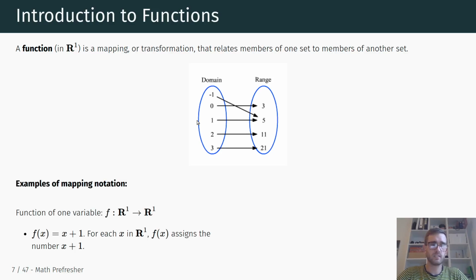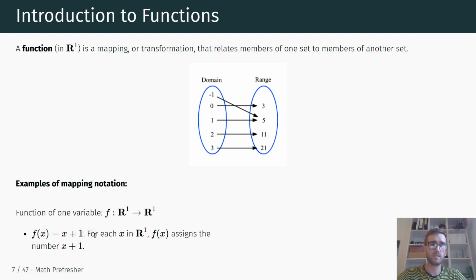So what does this look like in terms of an explicit example? We have a basic function here of one variable that is a mapping from R1, the set of real numbers, to R1, again the set of real numbers. One example would be f of x is equal to x plus 1.